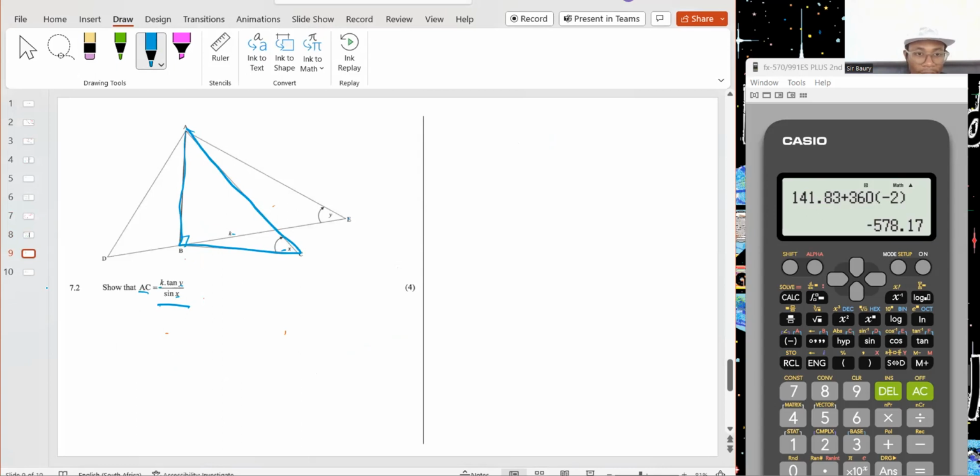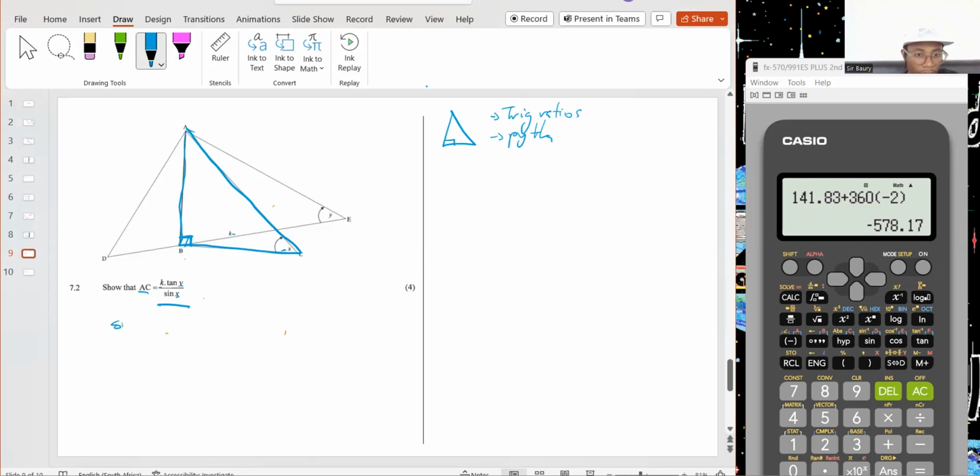Every time you have a right angled triangle, every time you see this, you must think of the trig ratios and the theorem of Pythagoras. That's what you must think of every time you see a right angled triangle. So I'll apply the trig ratios.